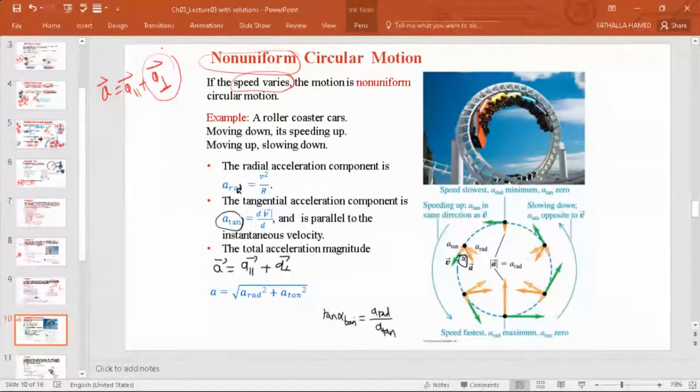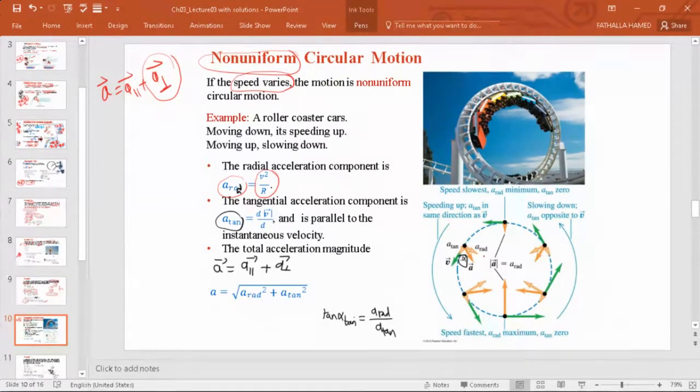In a circular motion, we call the magnitude of this a perpendicular A rad, which is equal to V squared over R. This is the component responsible for changing the direction of your velocity.